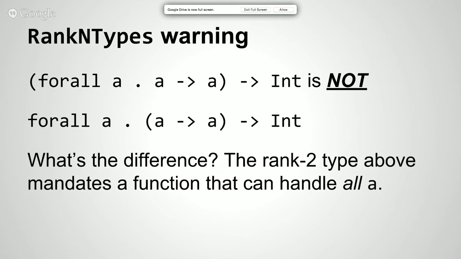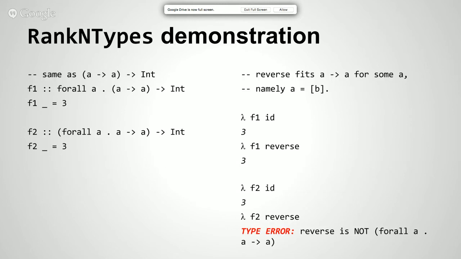The rank 2 type above says you have to pass it a function that can handle all A. But the one on the bottom is saying, for any A that there is, I can turn an A arrow A into int. So F1, the one on the bottom, is the more permissive one.